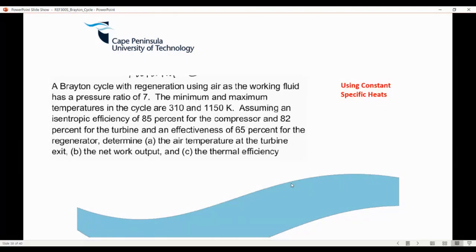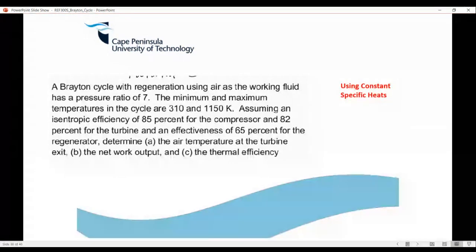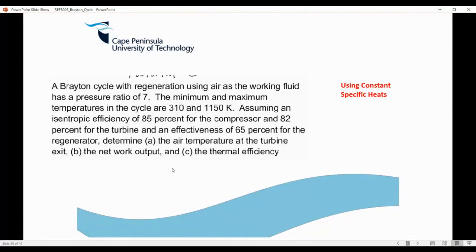So we're going to use constant specific heat analysis. If you remember that first question we did, it's essentially the same kind of thing. I'll give you around 5 minutes just to get a few temperatures. All we need to find is T2 actual and T4 actual.